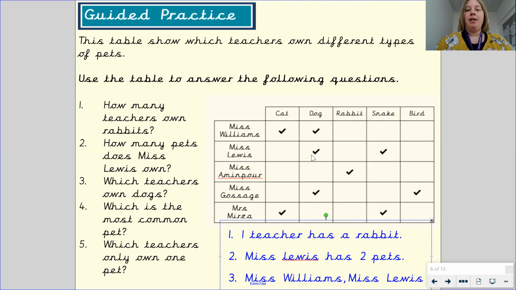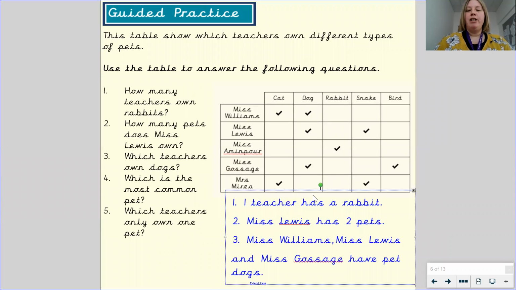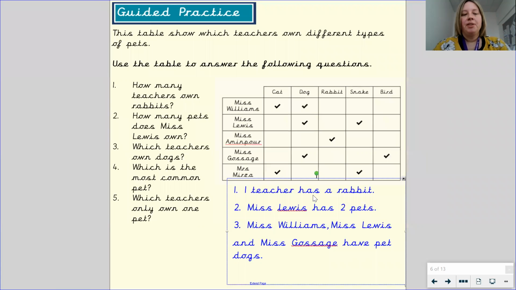I'm going to keep going. Oh, and Miss Gossage have pet dogs. It's really important that you give that information in your sentence.